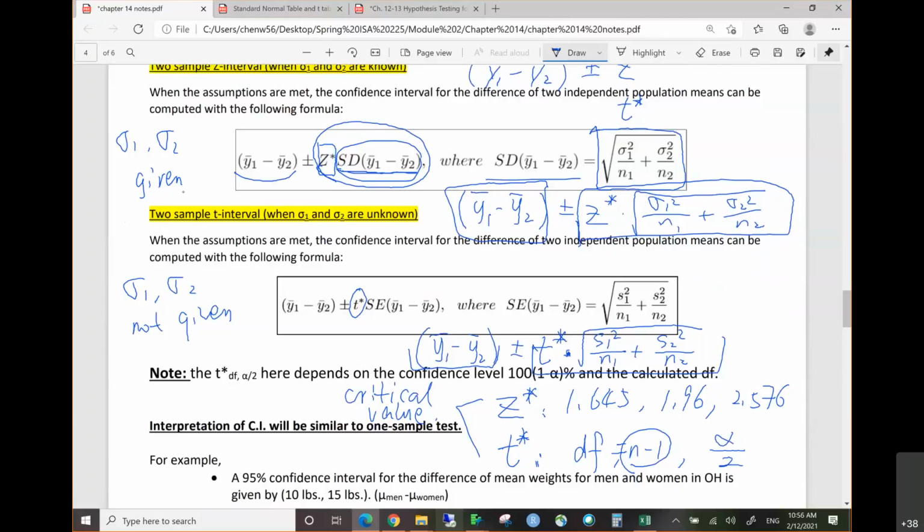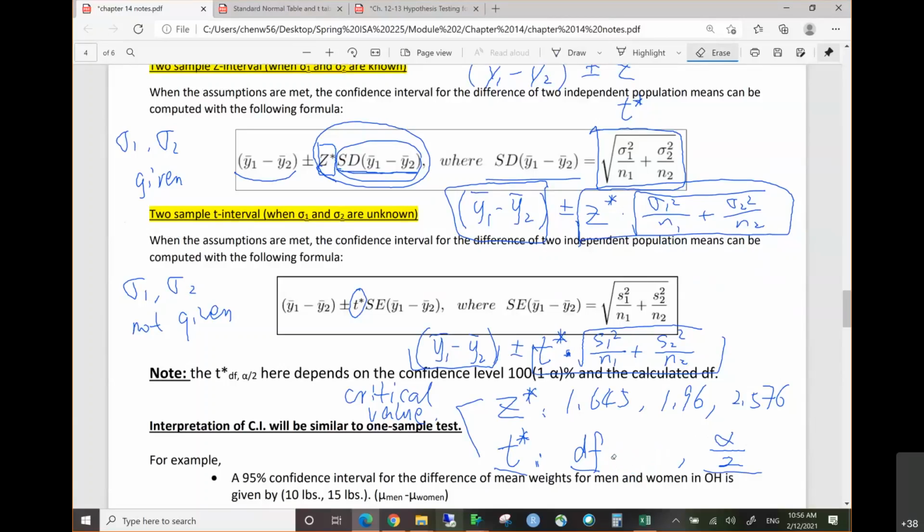Right? So actually to find the t star, we need both of these two pieces of information to go to the t table. Again, we say degree of freedom, not n minus 1 anymore.